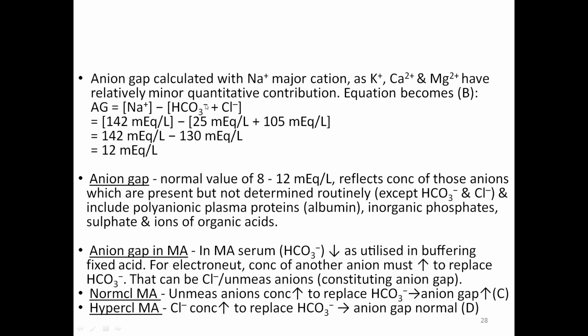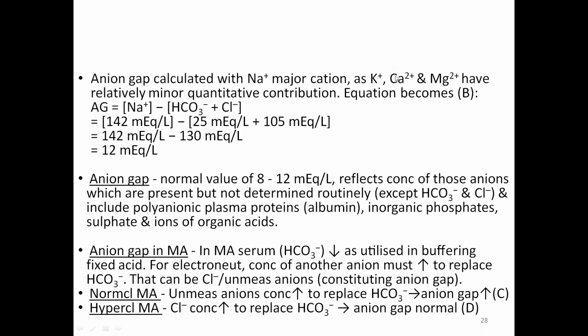This is your main equation. When you substitute their values, you get 12 milliequivalent per liter. The normal value of anion gap is 8 to 12 milliequivalent per liter, and it reflects the concentration of those anions which are present but not determined routinely.